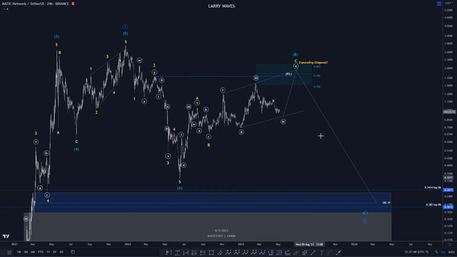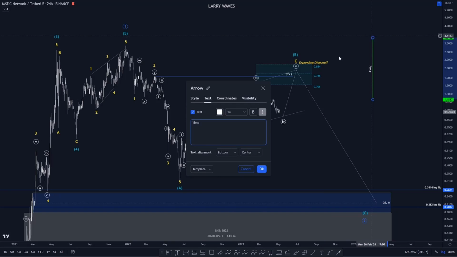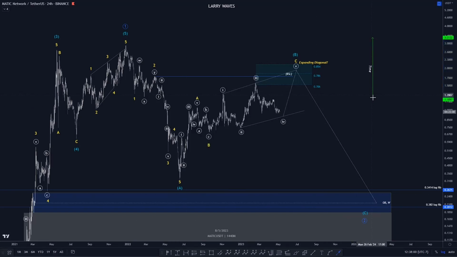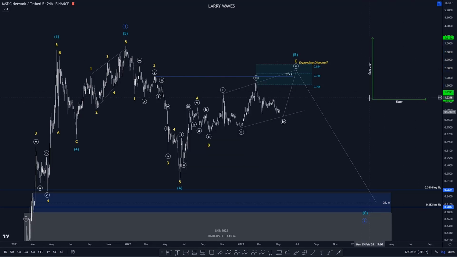We could chalk this up to what we usually talk about: the longer in time it gets, the more intricate and complex it can be, which is a characteristic of corrective patterns potentially. I just don't like expanding diagonals. I don't really see them very often. I think this is very, very forced personally.